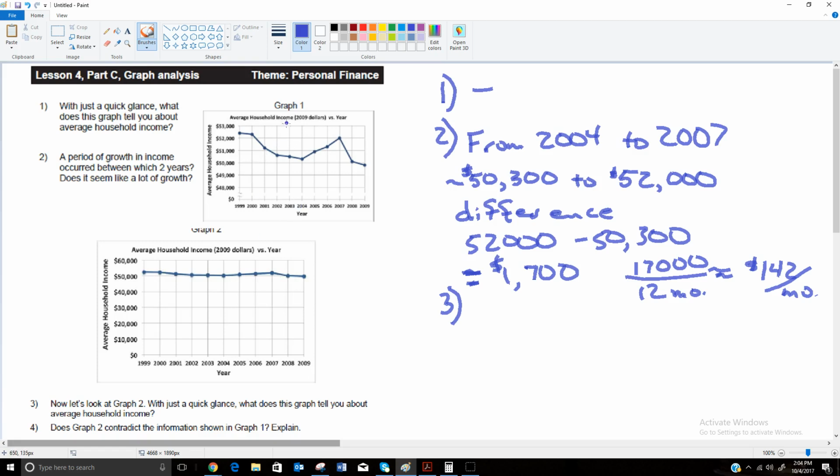But this is curious. If you go up here, same title, average household income. Same label over here, average household income. Same years down here. So why do these two graphs look so different? Well, the only change is, you notice over here, they go by thousands.